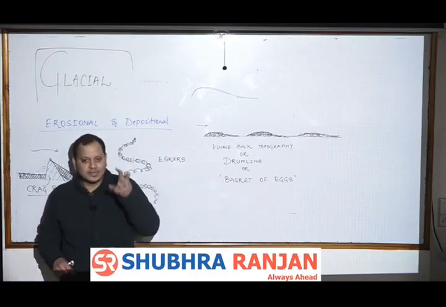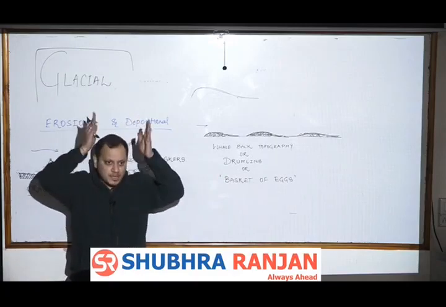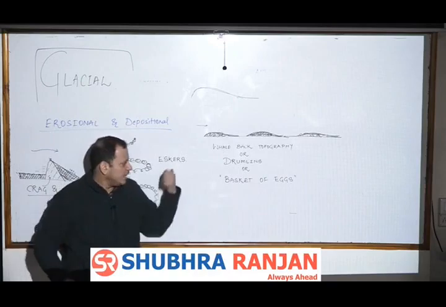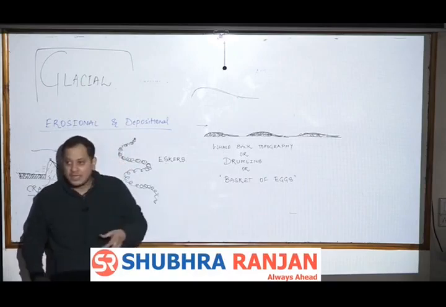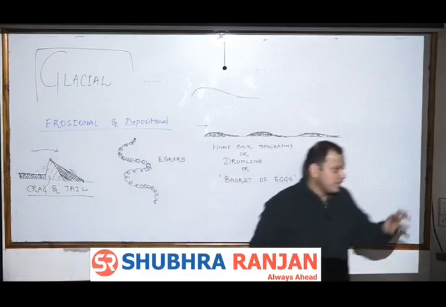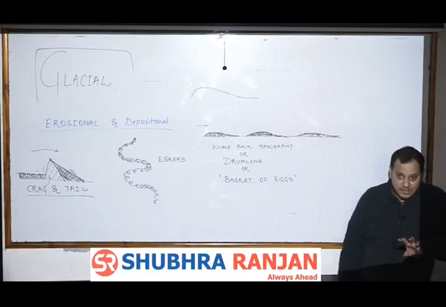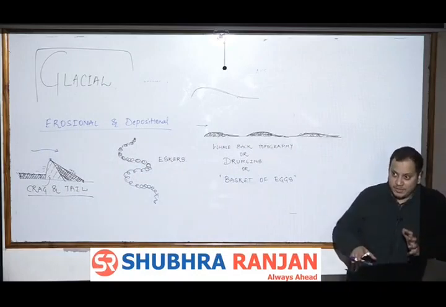Meandering. And as a result of this, we find sediments deposit ho ke mountains ban gaye, ridges ban gaye. Long narrow mountains, and these long narrow mountains which are sinuous or meandering are known as eskers. Getting it?